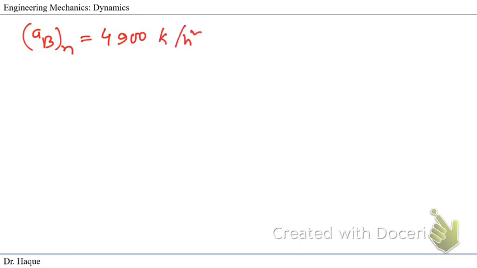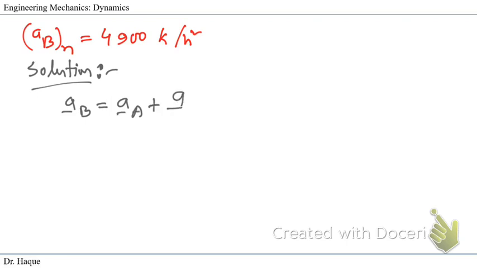And for the solution, we know, continuation from the previous slide, for velocity, acceleration B equals acceleration A plus the acceleration B with respect to A. Now let me draw that again.